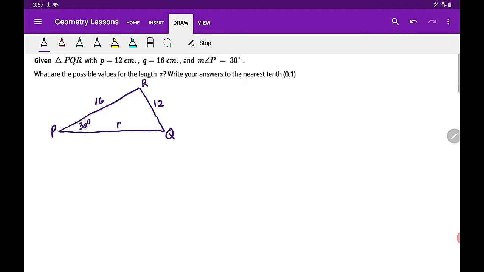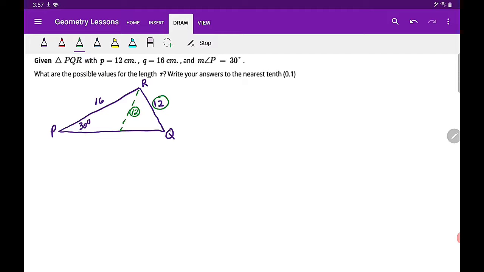Because we have an SSA scenario, we know that there are two possible places that RQ can go. So this 12 right here can be found not just there, but can also go this way. Let me erase that part too. So we can also have the 12 there. 12 can be here, 12 can also be there.